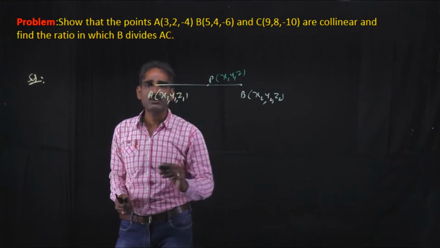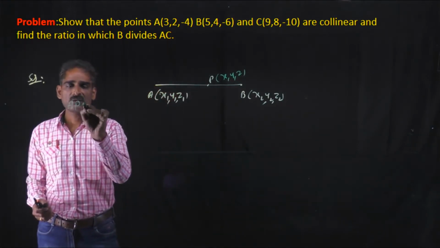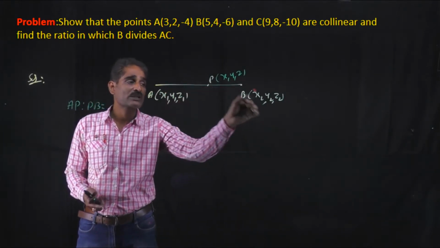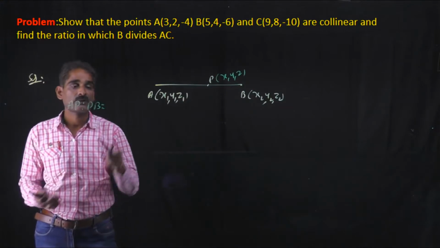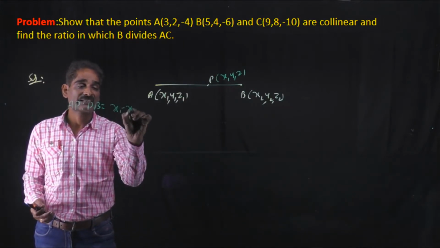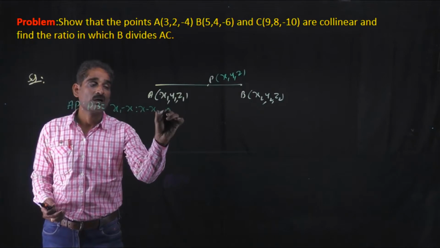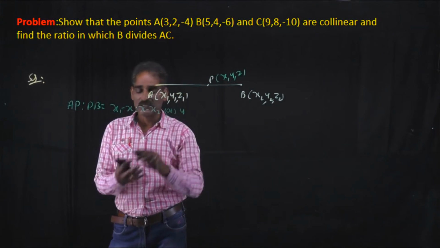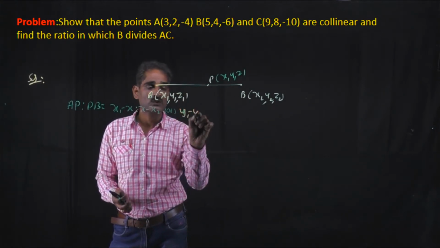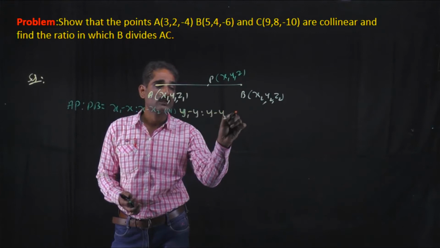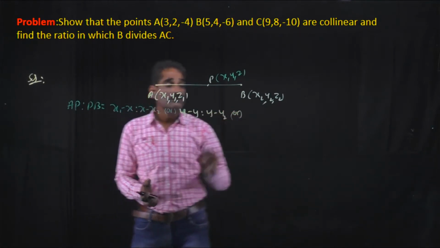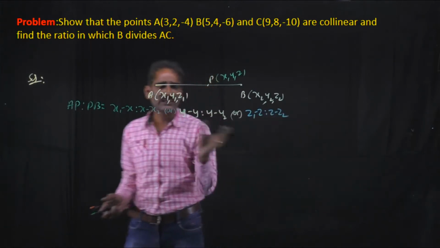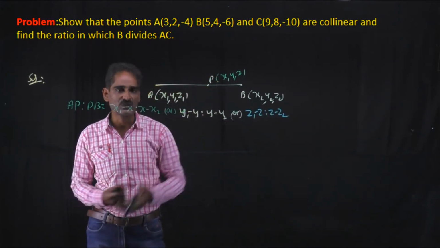Here AP is to PB is equal to x1 minus x is to x minus x2, or with respect to y also we can find the ratio, y1 minus y is to y minus y2, or z1 minus z is to z minus z2. We can use any one out of these three to find the ratio.